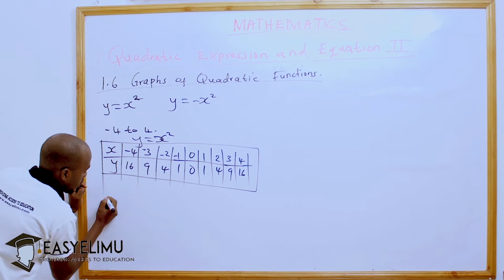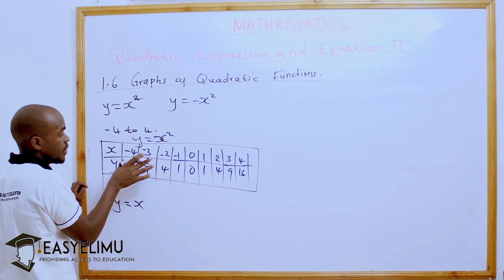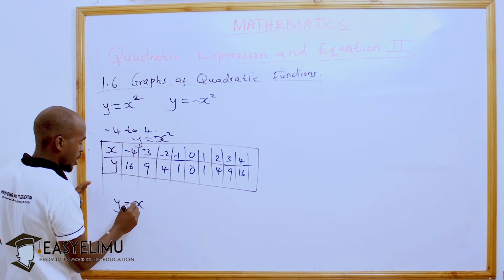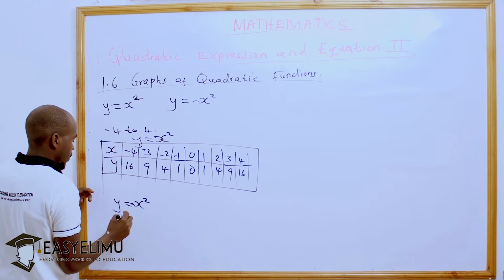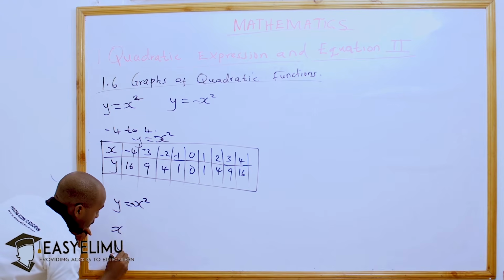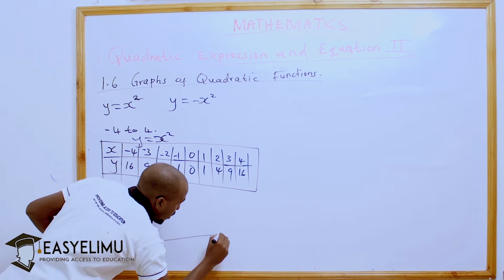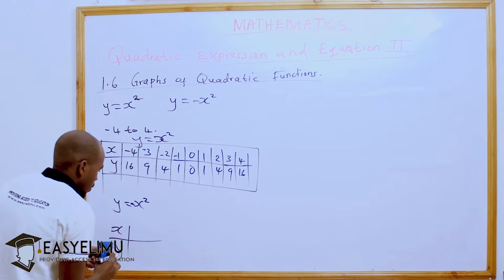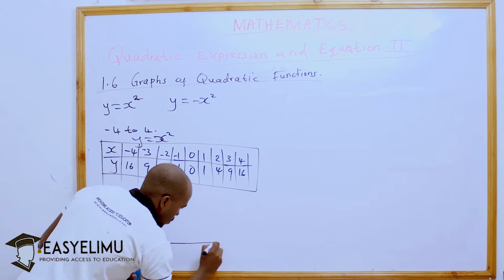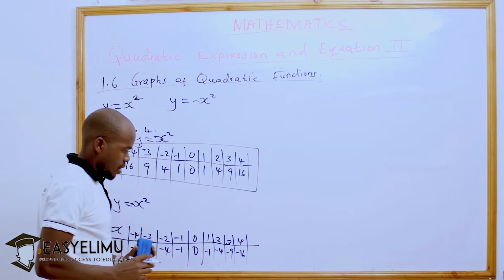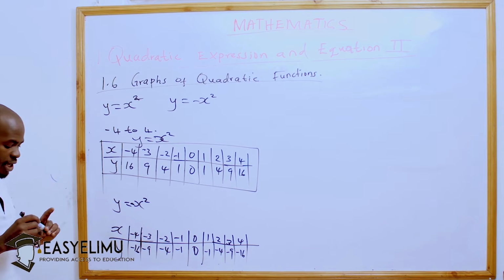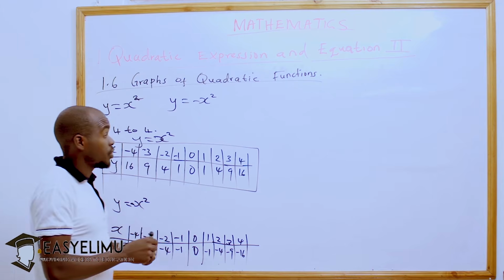This is the table for y equals x squared. Now I want to draw that of y equals negative x squared. And we shall find it has different values from that one. For every value of x, we are getting a negative value of corresponding y. So we can draw the two graphs.